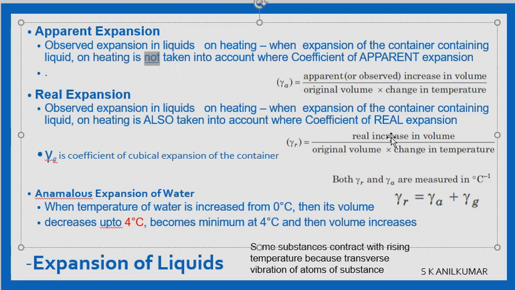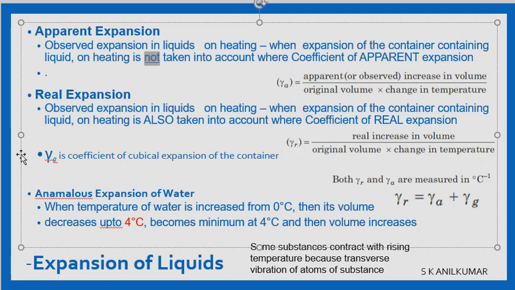What is real expansion? That is expansion of the liquid on heating when expansion of the container is also taken into account. So expansion of container not taken into account is apparent; expansion of container taken into account is real. Real increase in volume divided by original volume into change in temperature. Gamma is the coefficient, with A for apparent and R for real.